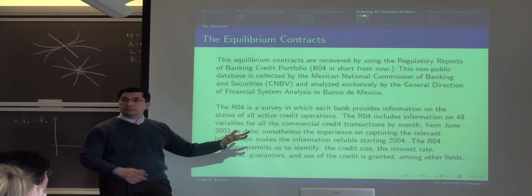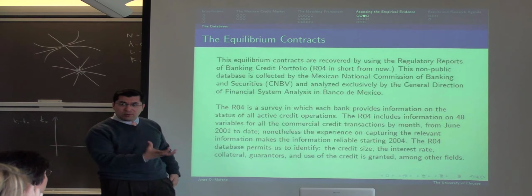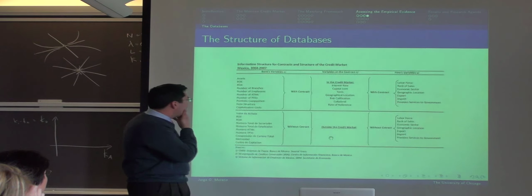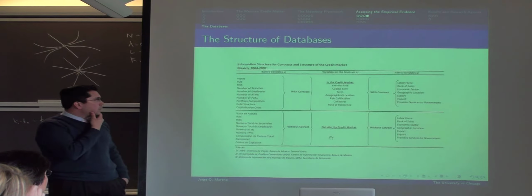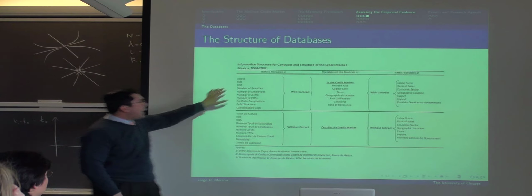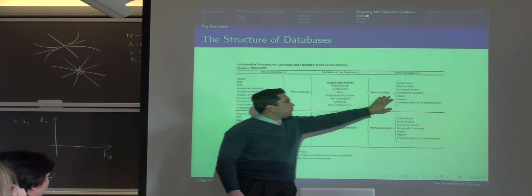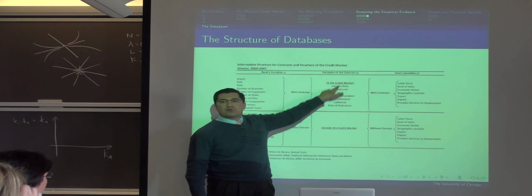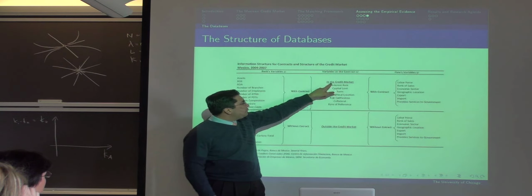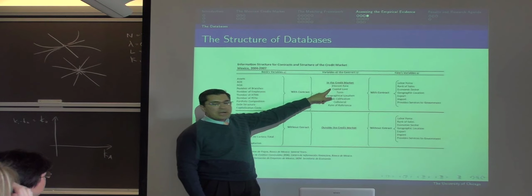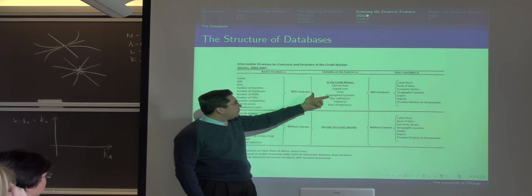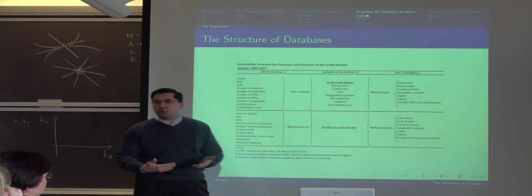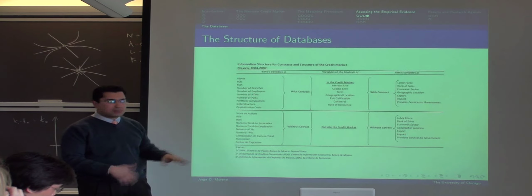So we have supply, demand, equilibriums. The structure of the database allows us to do this kind of exercise. We will have banks and firms in the corporate market having some contract with information of the interest rate, the capital, the term, location, and a measure of risk that the bank is doing ex ante the credits.